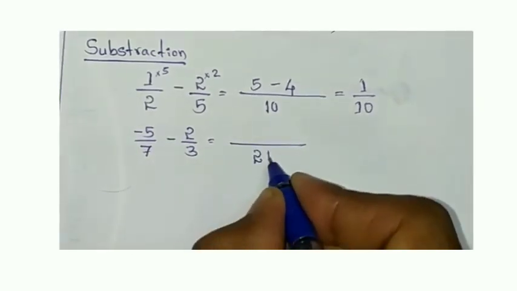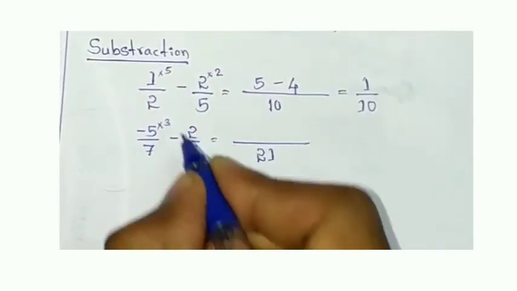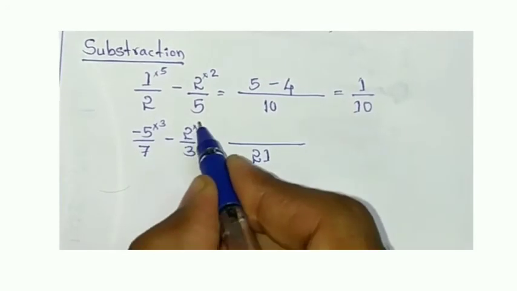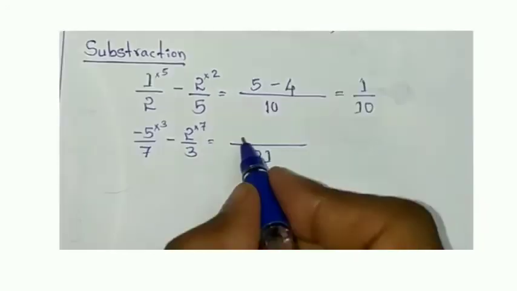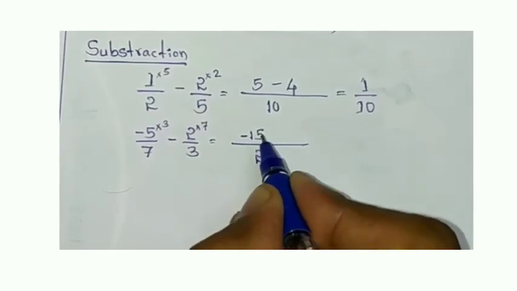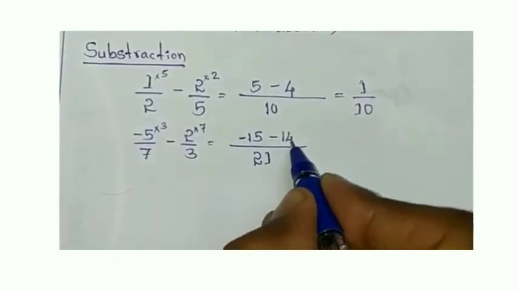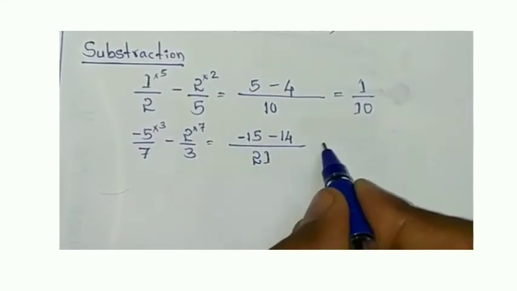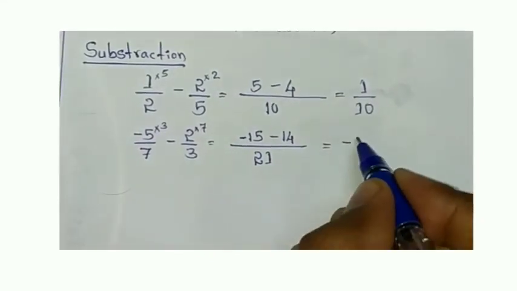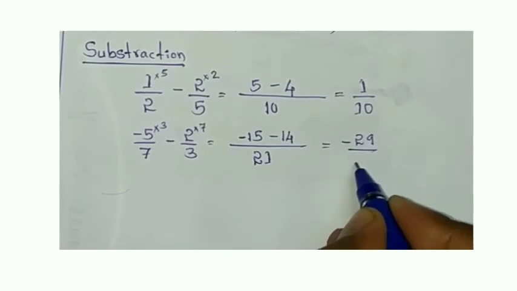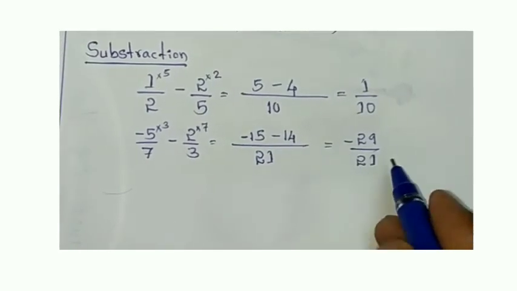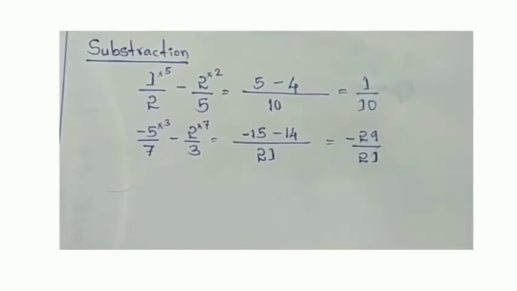So LCM is 21. 7 3s are 21, 3 7s are 21. So 5 3s are minus 15, because here minus is there. Minus 2 7s are 14. So here minus, we have to add it. So here we will get minus 29 by 21. It is also a rational number.